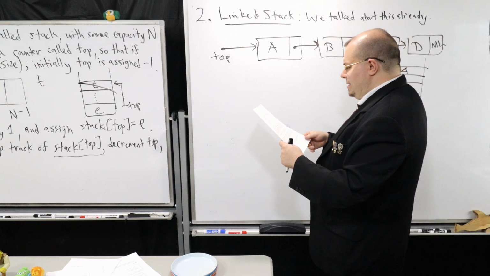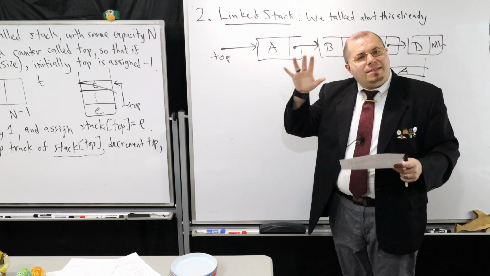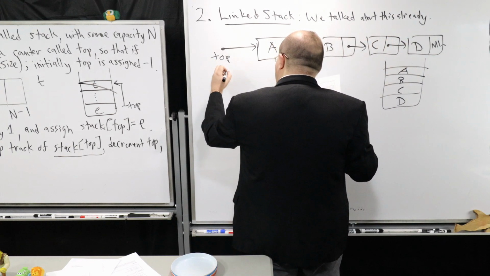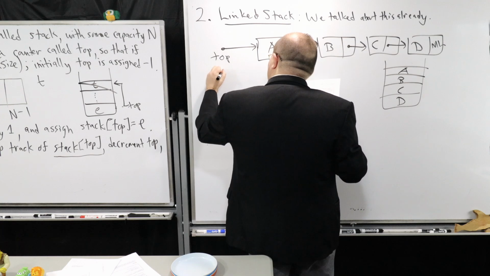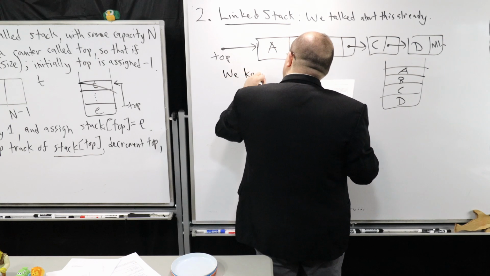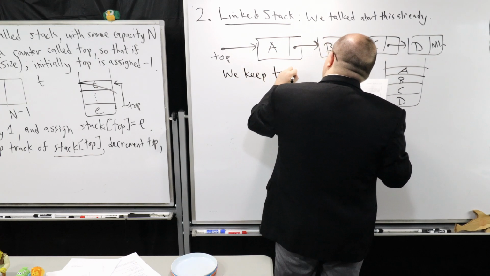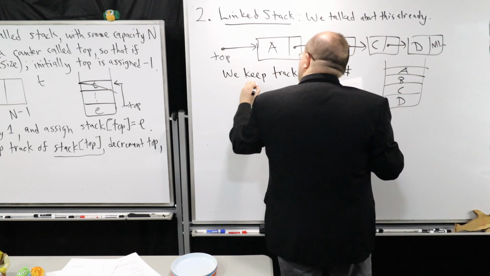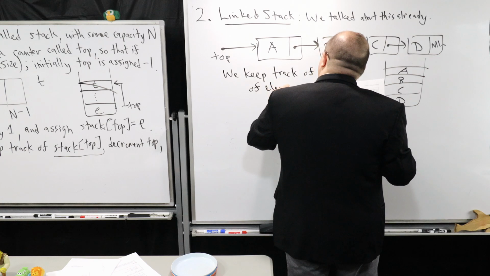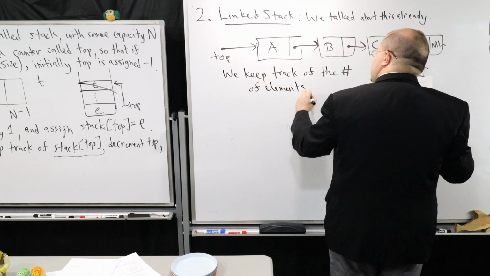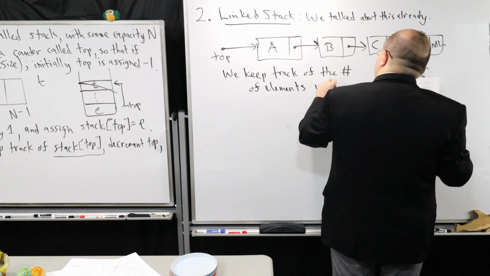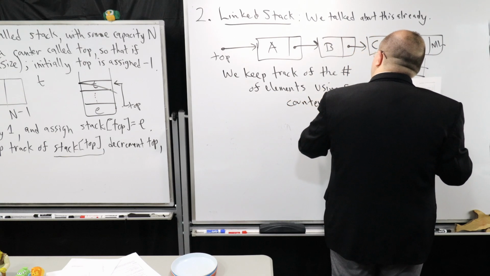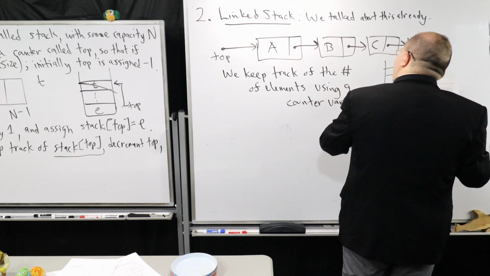One other detail is that normally when we want to maintain the size in this implementation, one thing I did not tell you, I wanted to make a quick remark about, is that we keep track of the number of elements, aka the size of this stack, using a counter variable, which I'll call count.